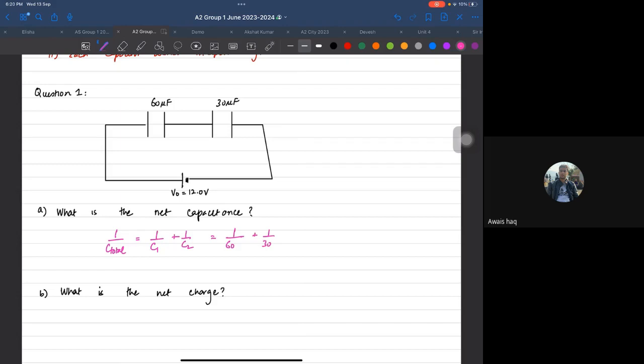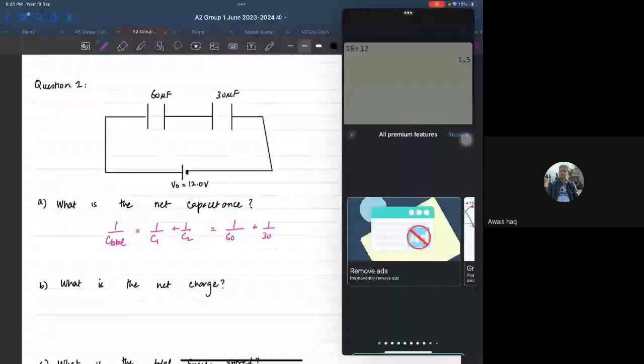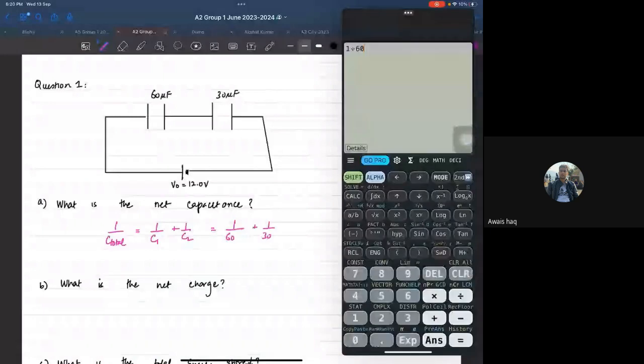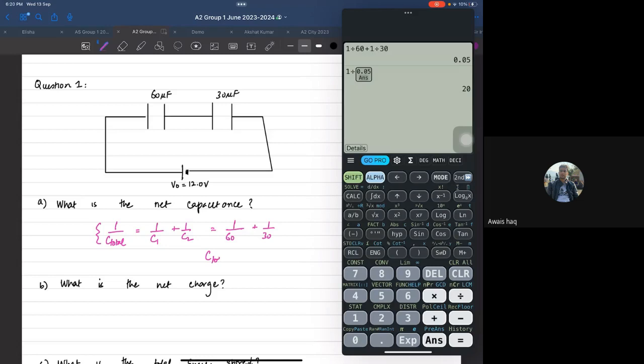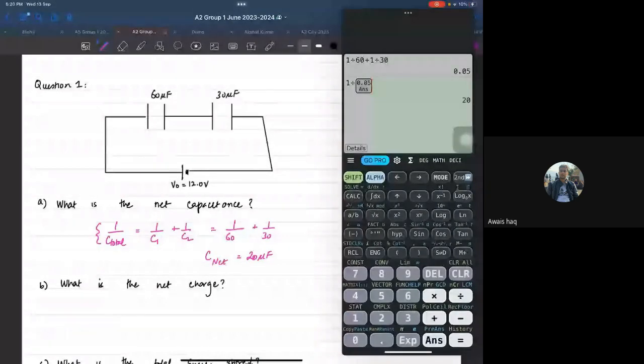When you solve this in your calculator, don't forget: you write 1 upon 60 plus 1 upon 30, you get an answer, and you then take a reciprocal again, because this is also a reciprocal. So the C total is going to be 20 microfarad. Let's call this C net because they want us to call it net. All right, is it clear, everyone?